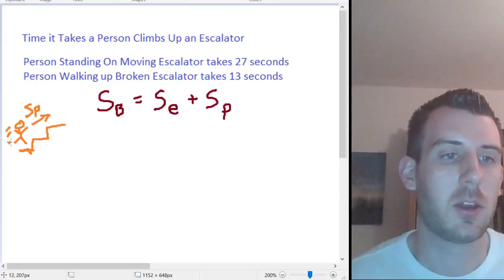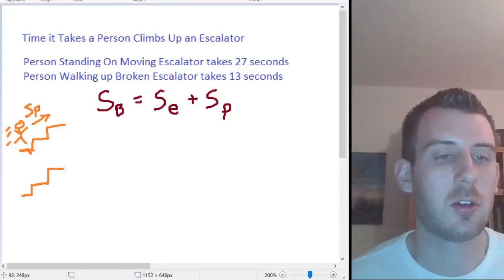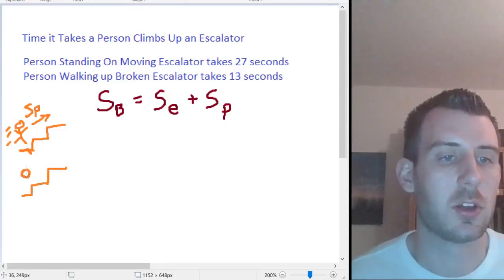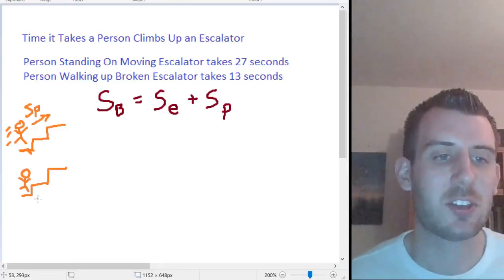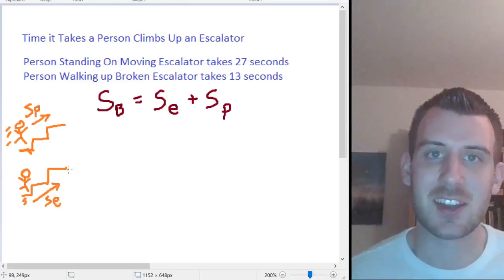We'll give them some little action marks so we know that that's all moving. Otherwise, if the person is just simply standing on the escalator, and the escalator is the one that has the speed, right? Now it's the escalator that is doing all the moving, and the person is just standing there.